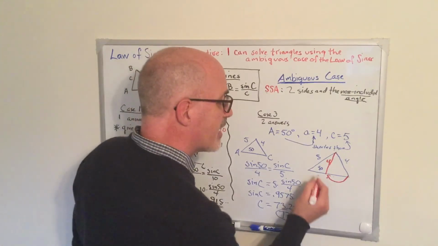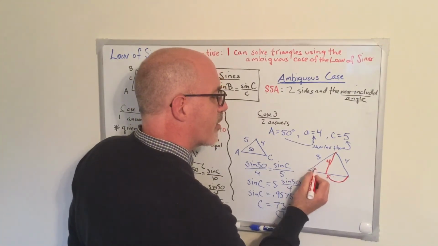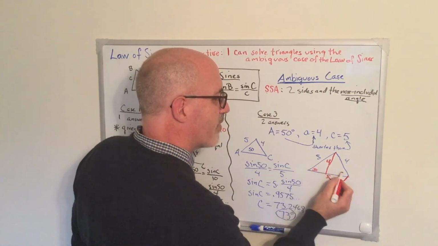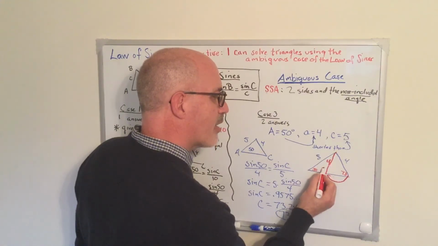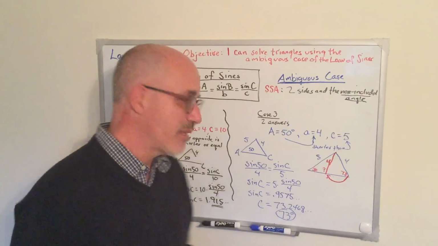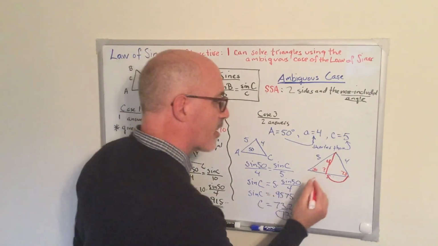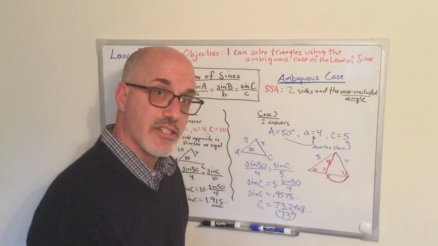Well, the question is, how do I calculate? I'm going to get rid of the 50 here, just put it down in the corner. Remember this angle here was a 73, so how do I calculate what this angle is here? How do I get that second possibility for angle C down here? Well, notice that this 4, 4 is an isosceles triangle.